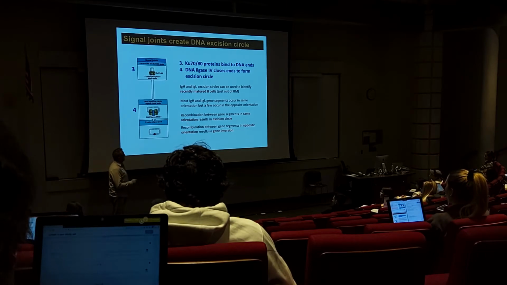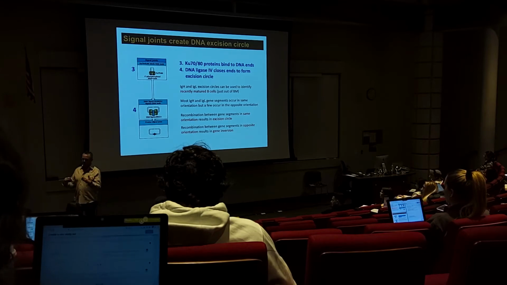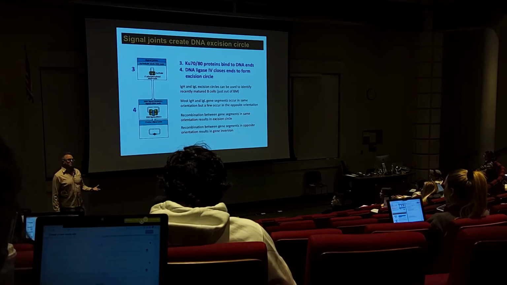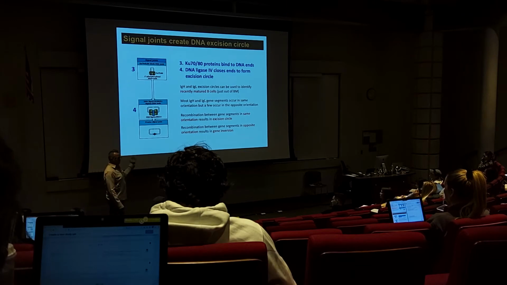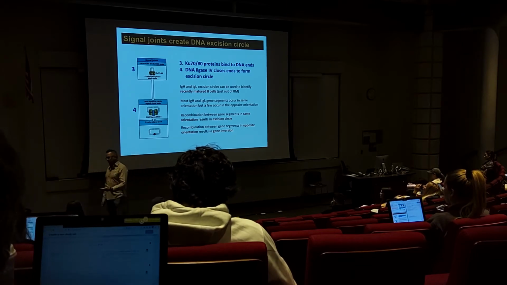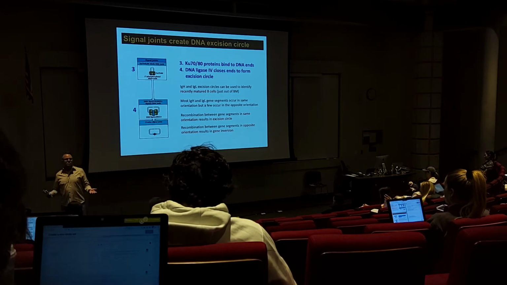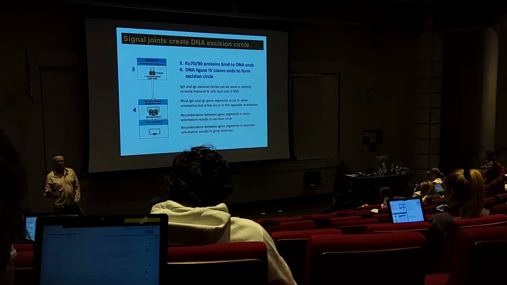If they're in the same orientation, meaning pointing at each other, you get an excision circle. If they're in opposite orientation, meaning pointing the same way, then you get an inversion. I don't care that you know what an inversion looks like. Think of this just as excision circles, because that's what usually happens. There are only like 2 V segments in the opposite orientation. So most of the time, this is what's happening, and this is what I would like you to remember.